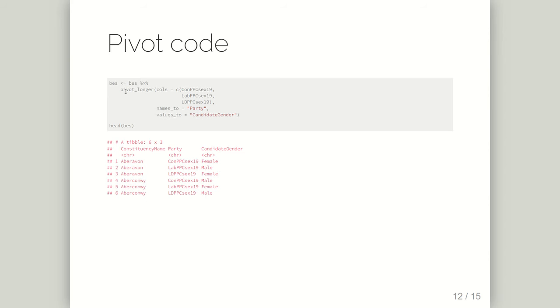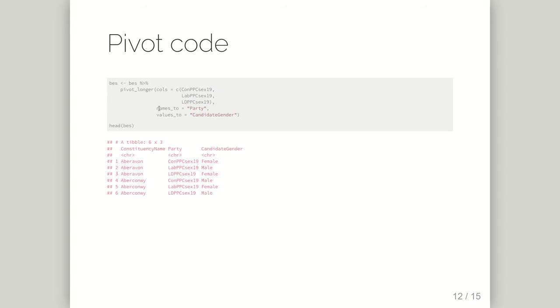This is the code. So we create an object called BES, which is just the result of taking that existing BES data frame and then piping it to the pivot longer command, where we tell the command, these are the columns that we want to pivot. These are the ones we want to make longer.